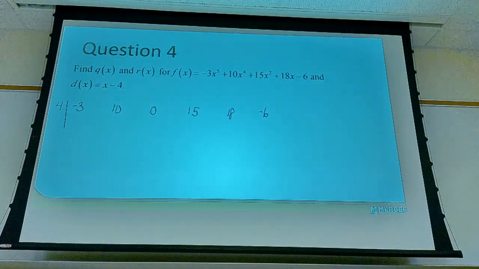You can't just blindly write down the coefficients. You actually have to look, and that is probably the number one mistake when using synthetic.